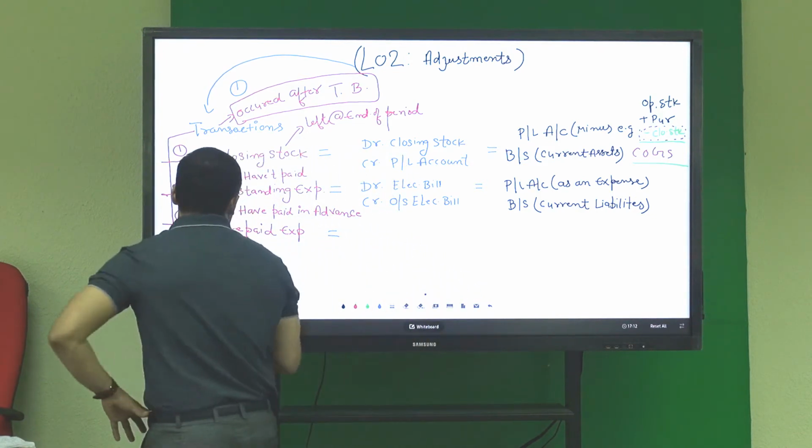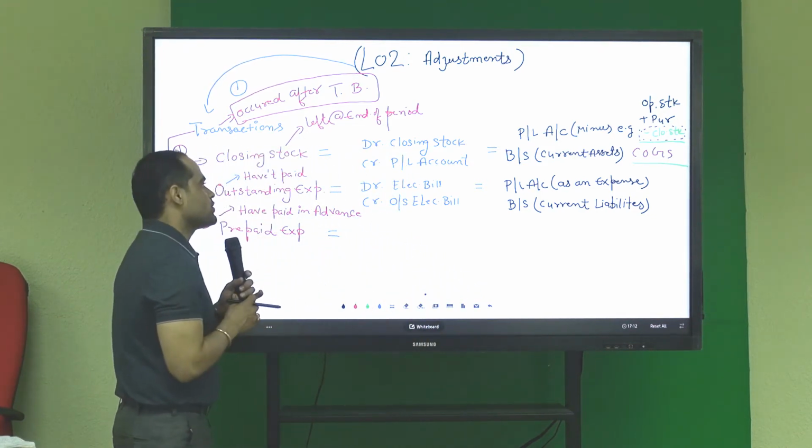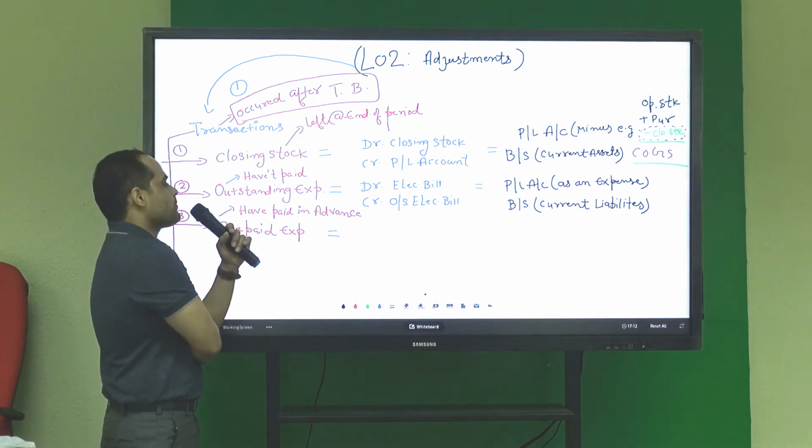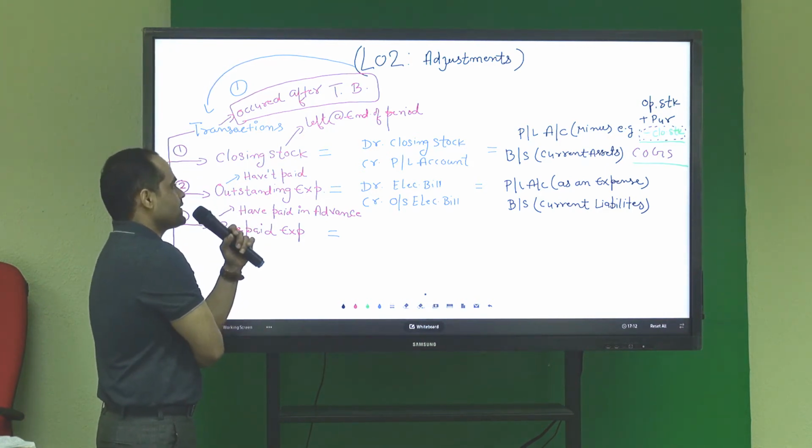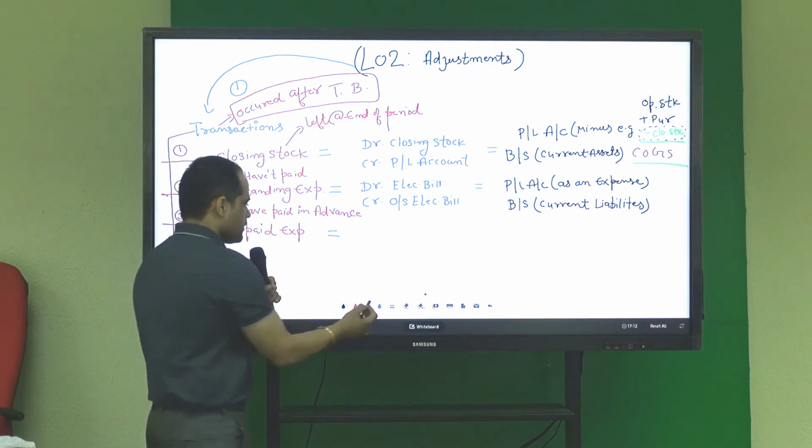So what will be the journal entry for this prepaid expense, which is rent, for example?